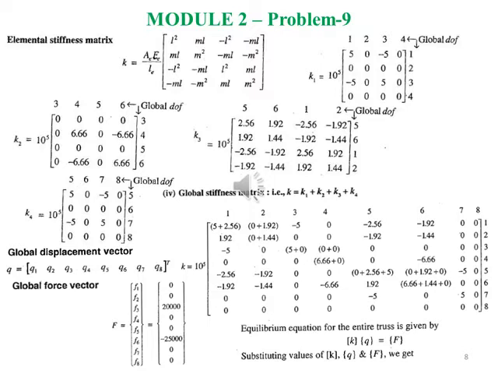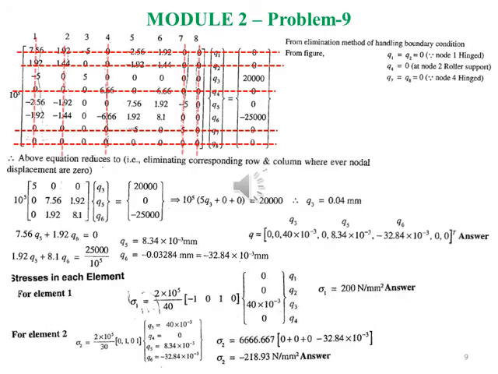I'll move to the next slide wherein we have equated both the equations. So here K into Q is equal to F has been represented. From the elimination method of handling the boundary condition, from figure 1, we know that Q1 and Q2 are equal to 0 because node 1 is hinged.